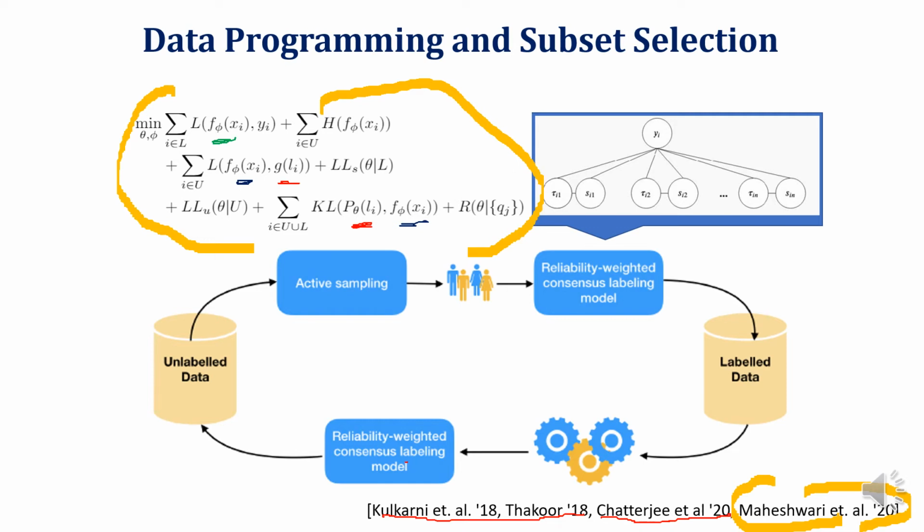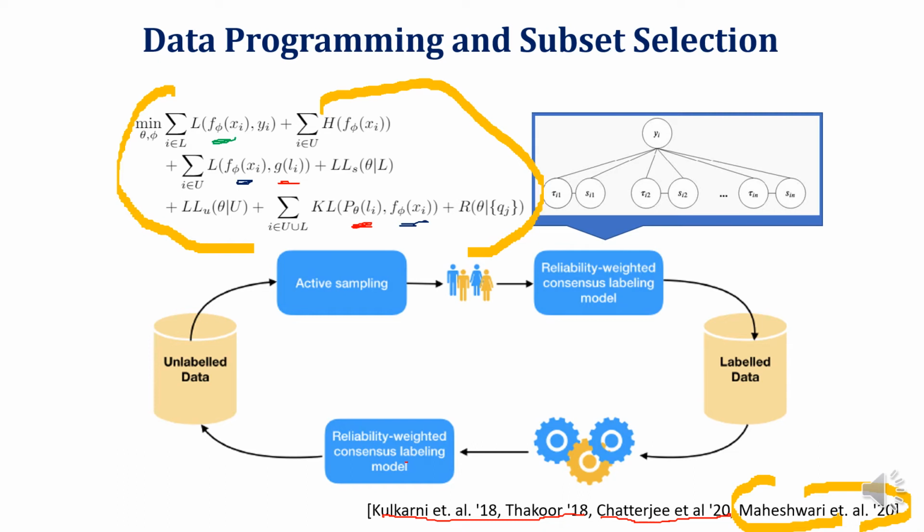So what we want to do is not just develop consensus amongst the labeling functions, but also identify the subset of examples to be labeled, so that as you can see in this figure, there is this feature based function F, the consensus function, and then there is a rule or the labeling function based consensus model G.